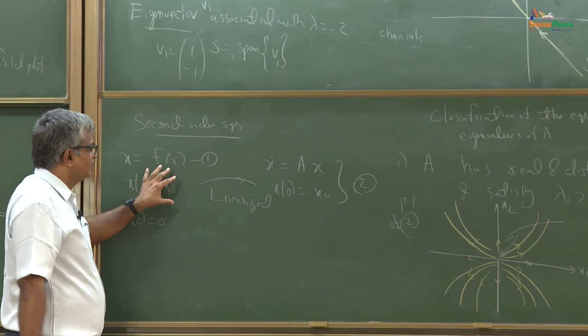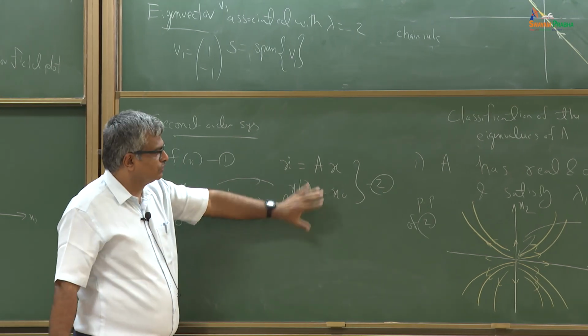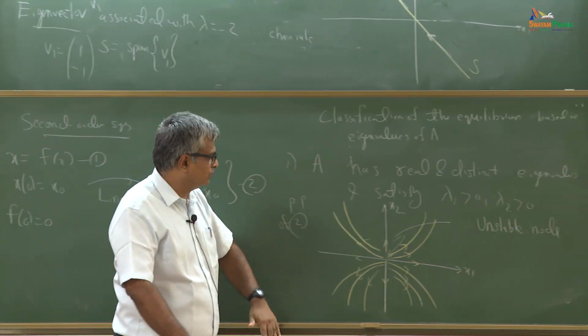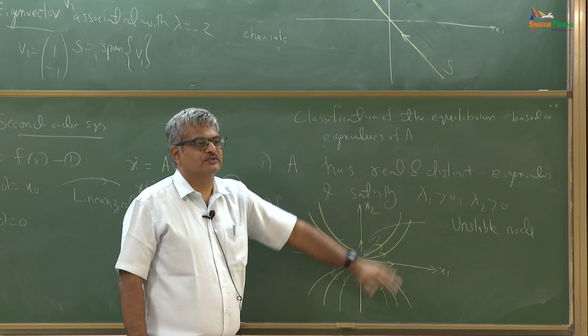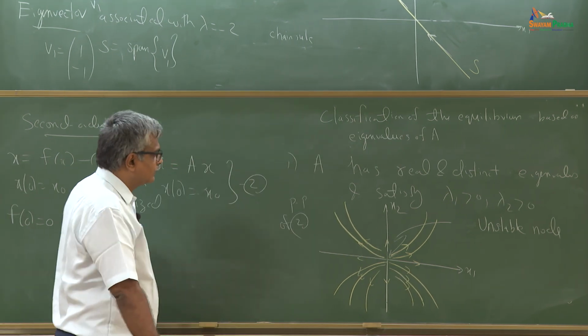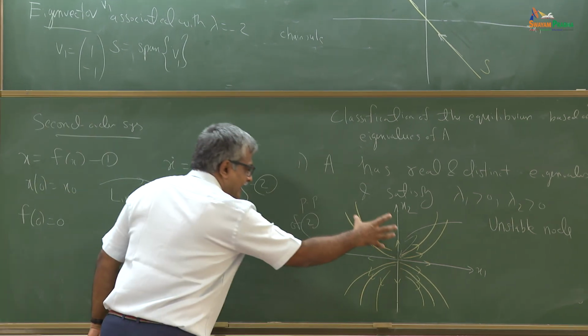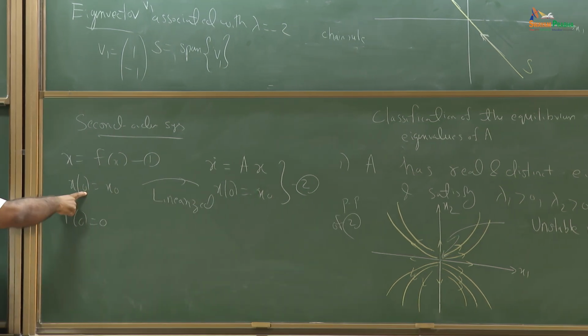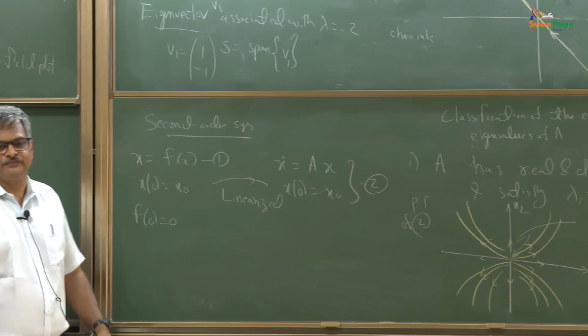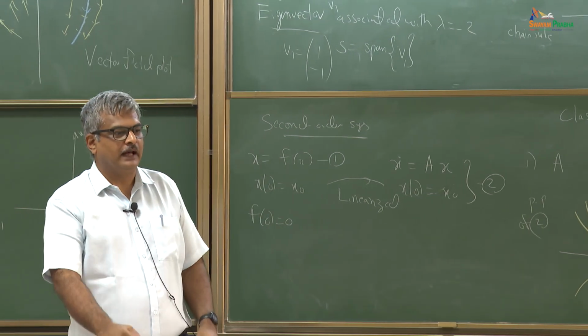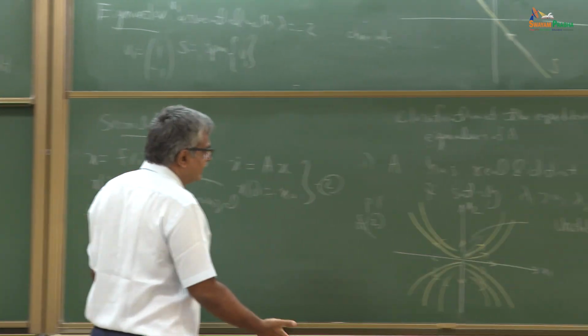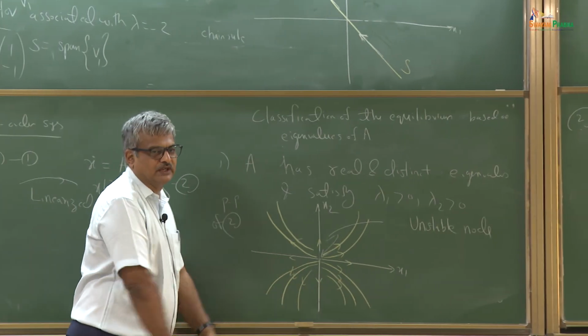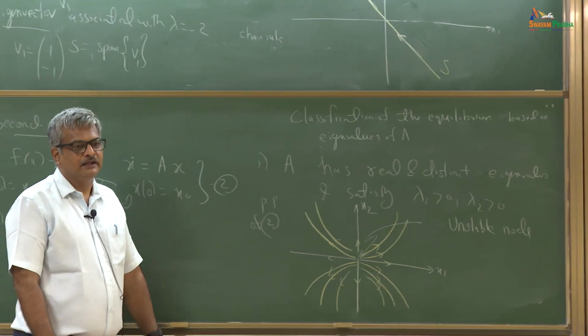So as a first step, you did linearization. You could solve it, you could draw the phase portrait, everything nice, right? But the question is, does this really represent how the trajectories behave in the vicinity of this point for the nonlinear system? Otherwise, if you cannot relate, then this exercise is a futile exercise, right?